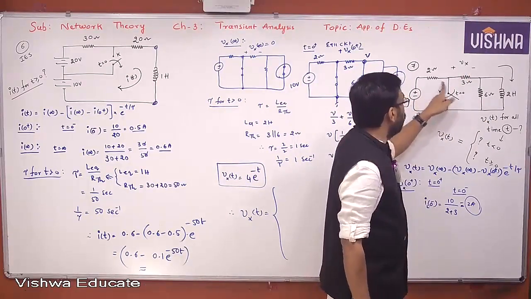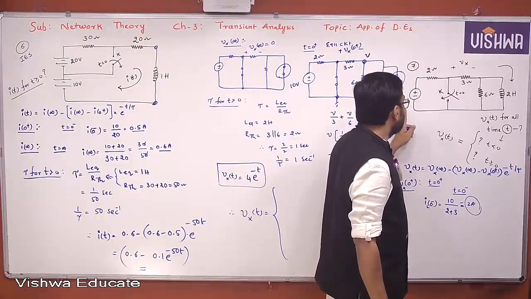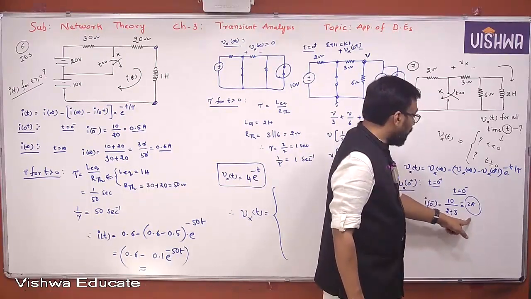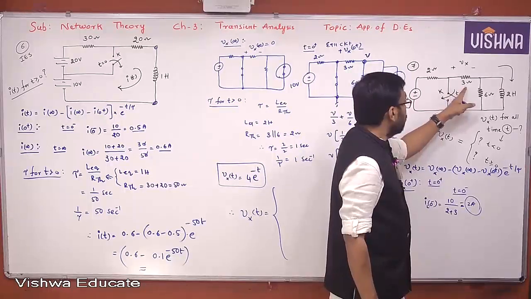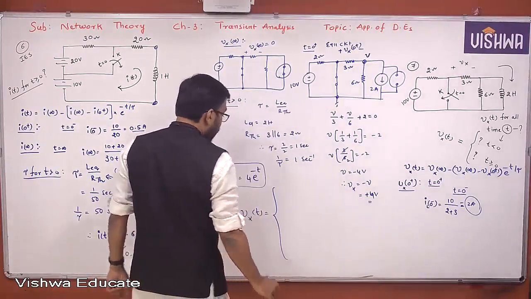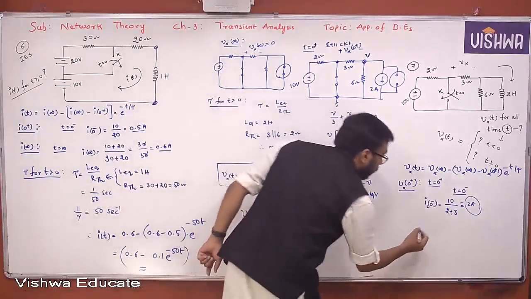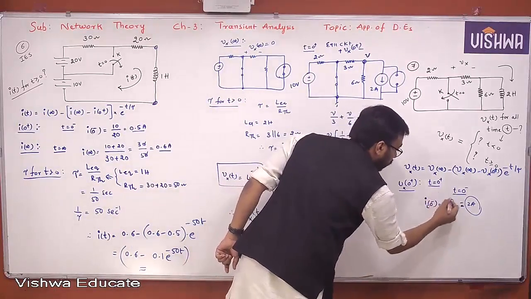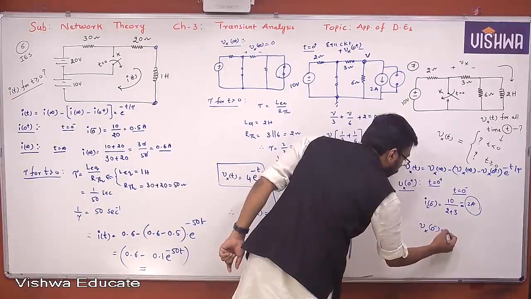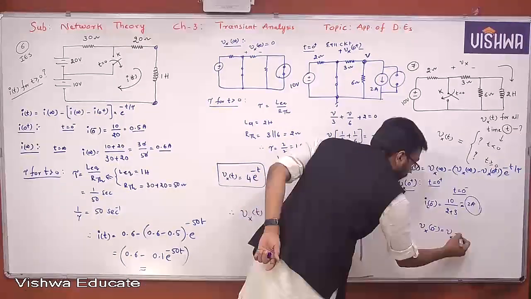Finally, when it is opened, you are left with what actually here? 10 volt, 2 ohm and 3 ohm. So how much current is passing here? 10 by 2 plus 3. Already we found that value, 2 amperes. Now 2 into 3 will give you 6 volts. So for t equal to 0 minus, Vx of 0 minus is nothing but Vx of minus infinity.